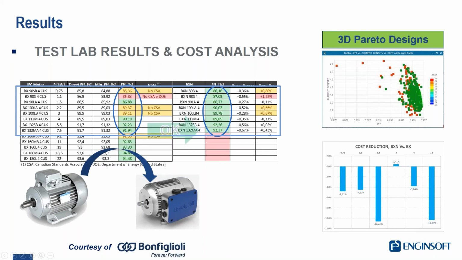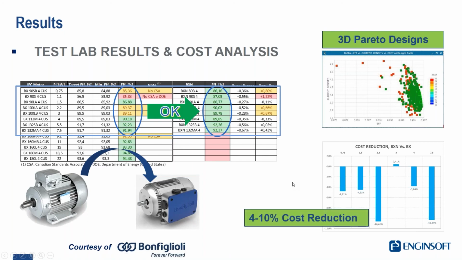At the same time, we can also reduce the cost. The cost has been reduced roughly, for different sizings, from 4 to 10%. That is a really interesting result for Bonfiglioli.